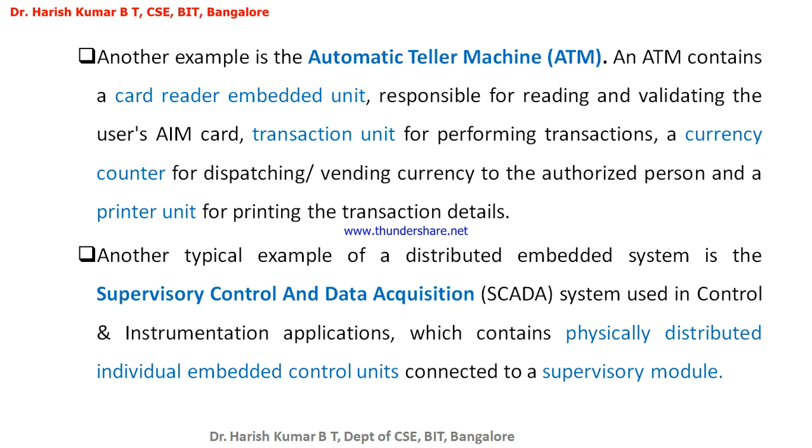That is one more embedded system. There is a currency counter, which is another embedded system, and a printer unit which prints the transaction receipt for you. All these embedded systems make one large embedded control unit, that is the automatic teller machine.